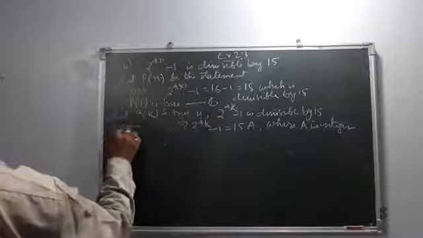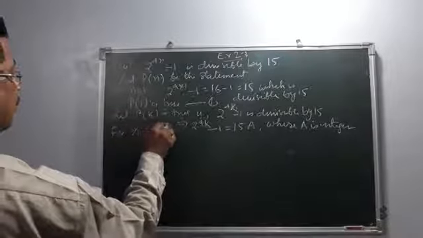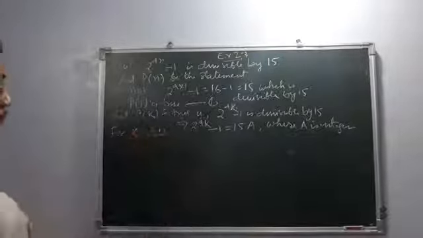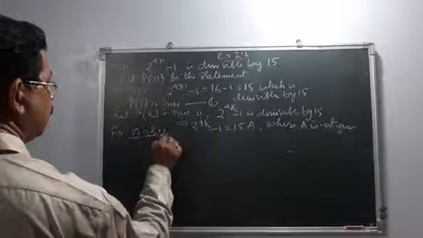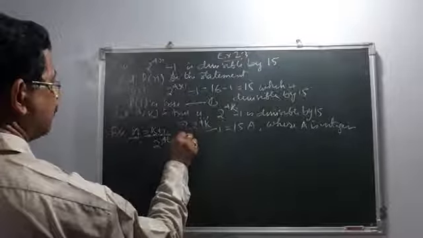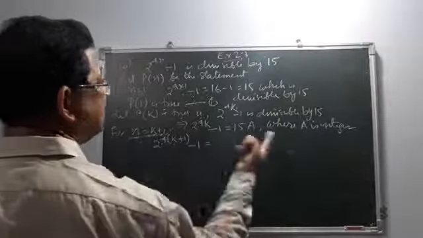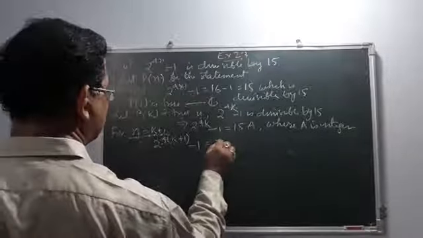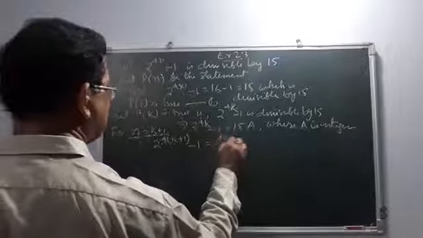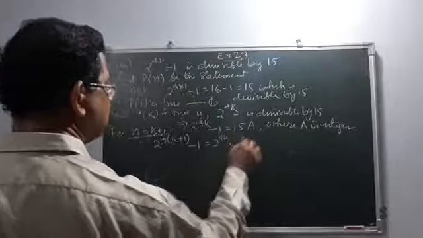For n is equal to k plus 1, you will put 2 to the power 4 into (k plus 1) minus 1. This value, shall I write as a multiple of 15? That we are going to do. 2 to the power 4k into 2 to the power 4. How?